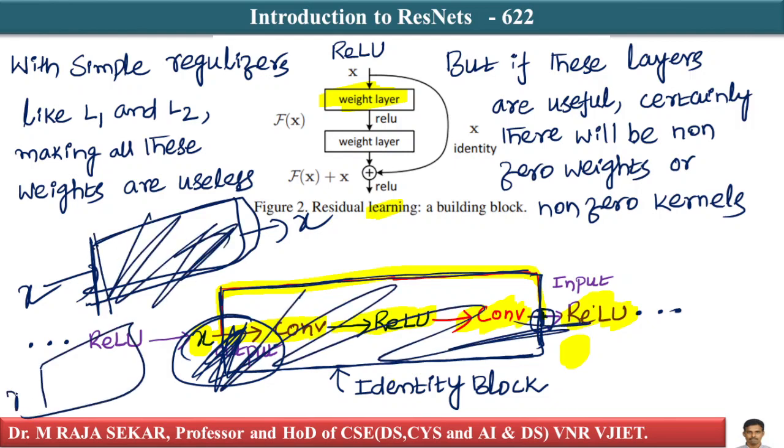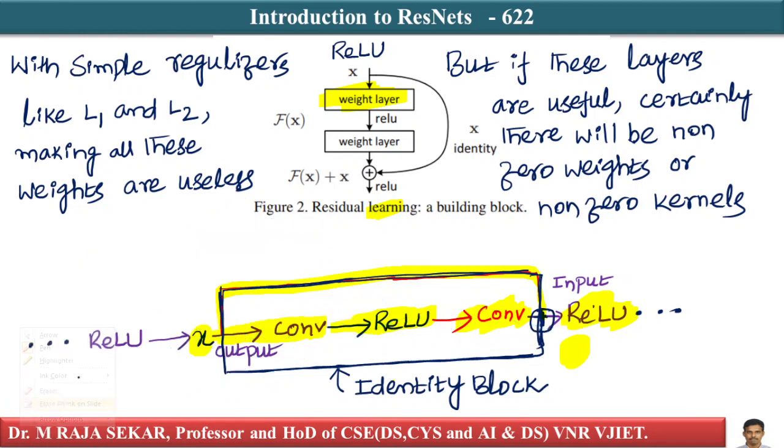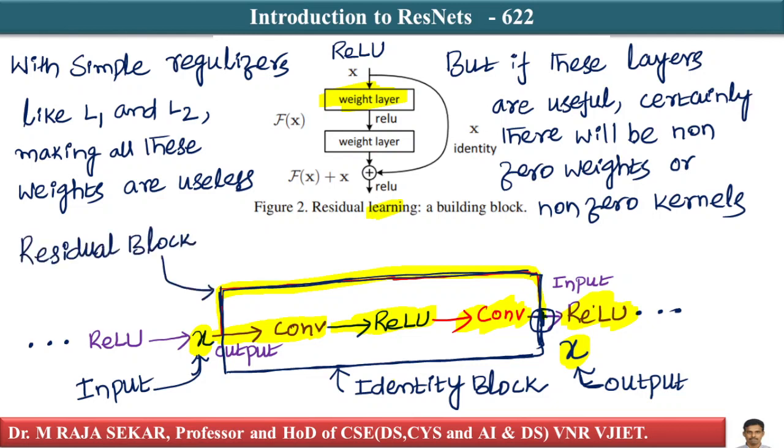Simple. You give X as input, it generates X as output. That's what the identity function says: I of X equal to X. That's why this whole thing is called an identity block, or you can say a residual block.